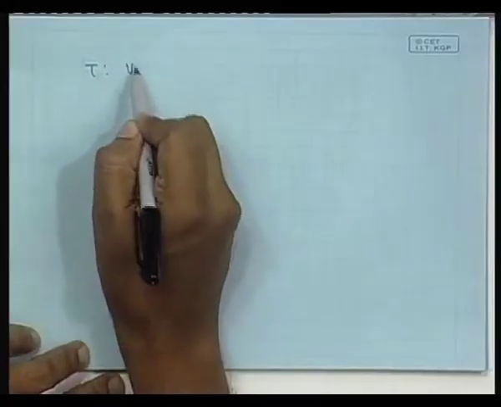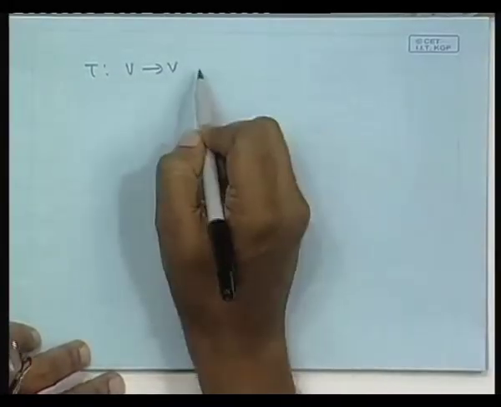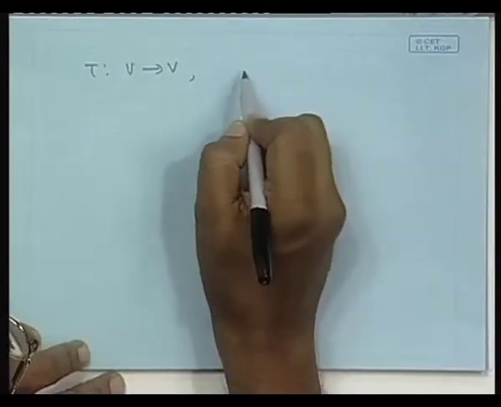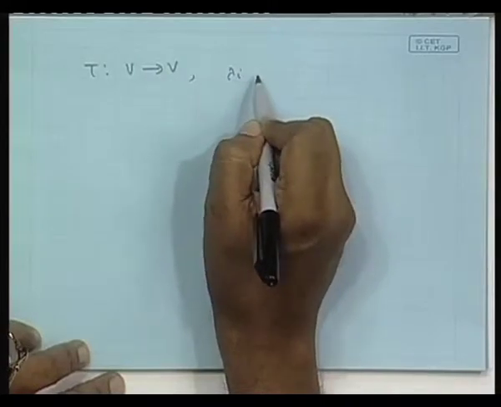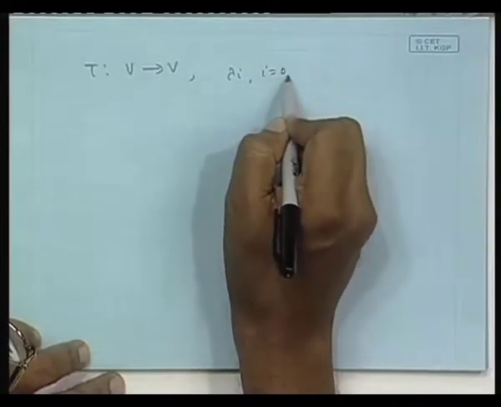That means I will consider T from V to V, lambda i for i equal to 0, 1, dot dot dot.